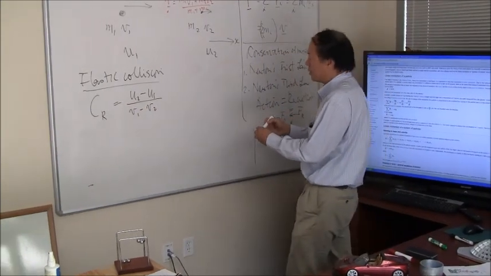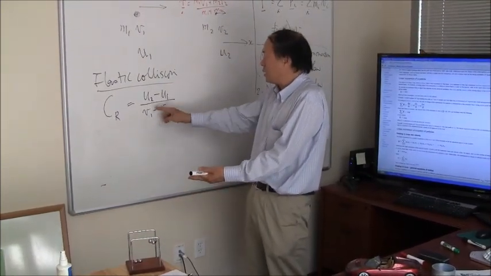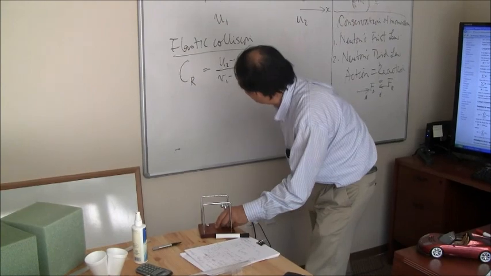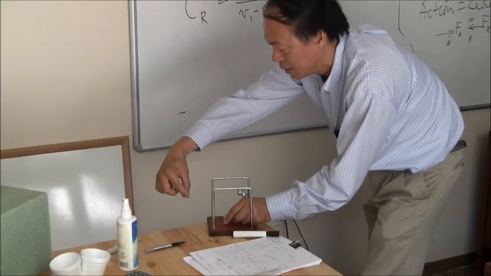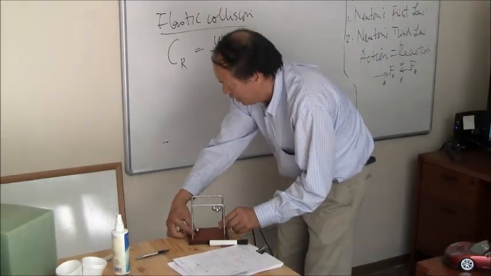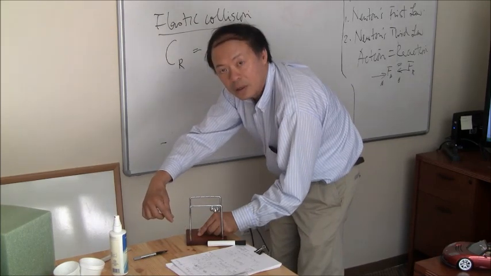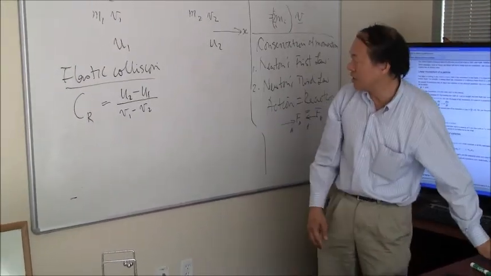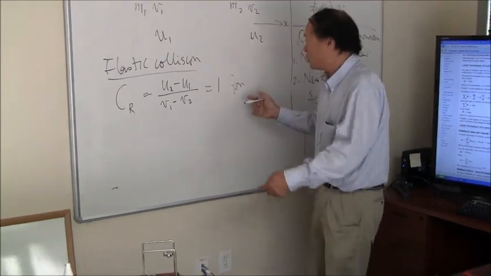So this measure of velocity, in the earlier case, the initial velocity v1 minus v2, if this is the positive direction, is positive. And then u2 will be the resulting velocity moving this way, so u2 minus u1 would be in the same direction. So in this example, v1 minus v2 is equal to u2 minus u1, because u1 is now 0. So in this example, this equation is equal to 1 for the bouncing bead example.